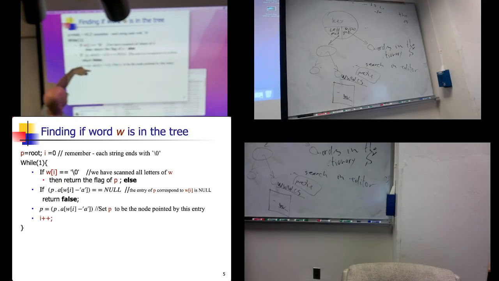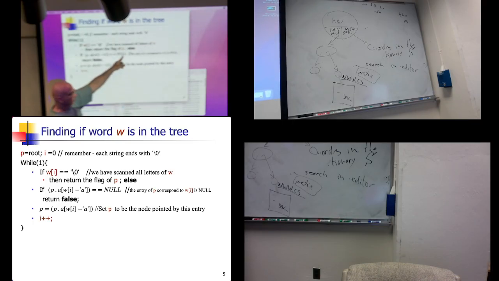Otherwise, P dot A of W[i] minus 'A' just tells me if it's A, then it will be cell 0. If it's B, then cell 1, cell 2, cell 3. If P at this condition points to null, you cannot continue. That was the case of looking for DBD.